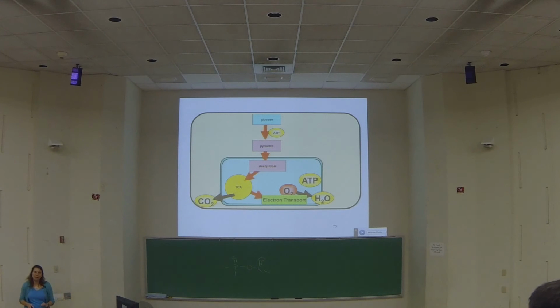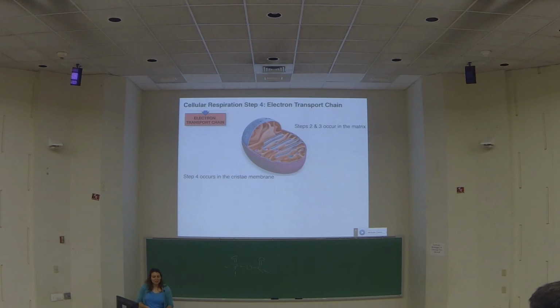So what does that mean about what oxygen is doing? And we're going to generate a bunch of ATP. All of this happens on the cristae membrane. So we're on a membrane, moving those electrons back and forth across the membrane to create electrochemical gradients that are going to drive this process for us.